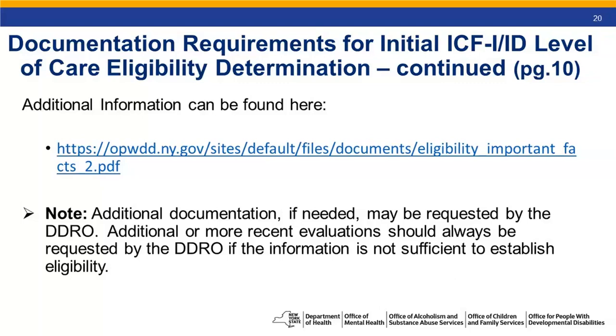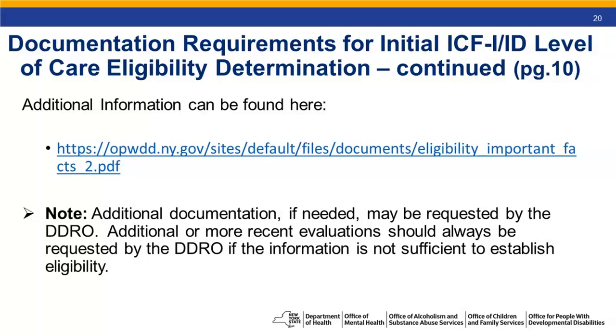That's correct, Kate. There are certain things that we need to look at in terms of the initial LCED, and so the requirements for the initial LCED are a little bit more stringent in terms of the timeframes for the submission of the documentation, including the medical report that needs to be within 365 days, and the plan of care or the social information also within the 365 days.